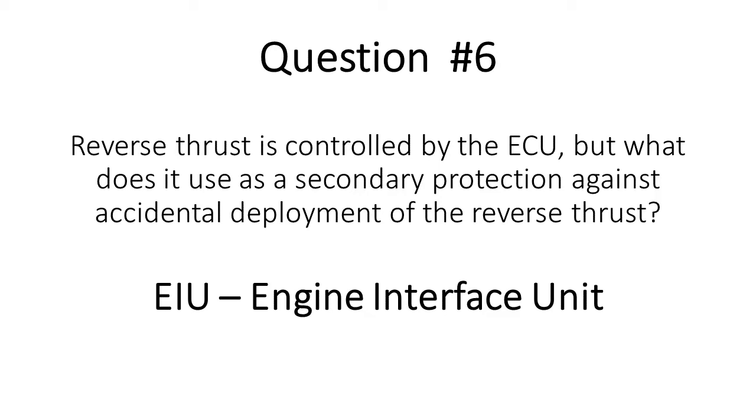If you have something happen when it shouldn't, given conditions, disaster in multiple ways. So if you don't want that to happen, there's a protective measure. You see on your sheet there are 2 options. It's going to be your EIU, your engine interface unit, which is actually a secondary protection against accidental deployment of the reverse thrust.